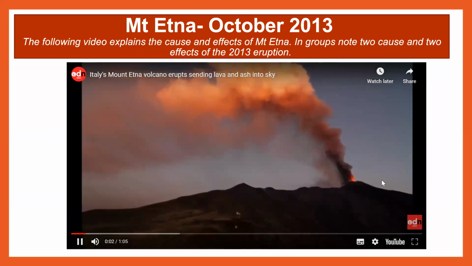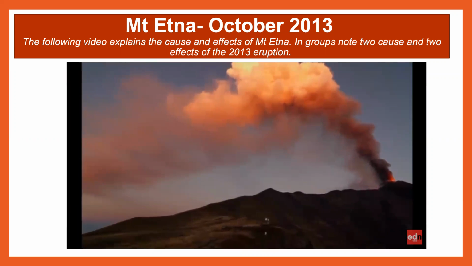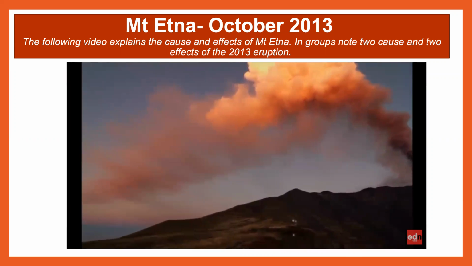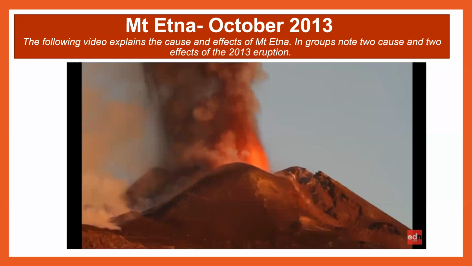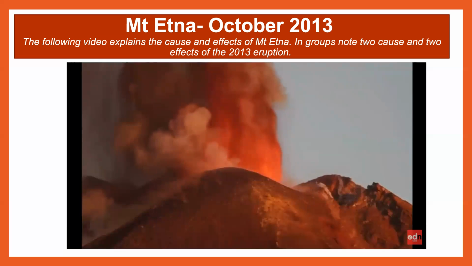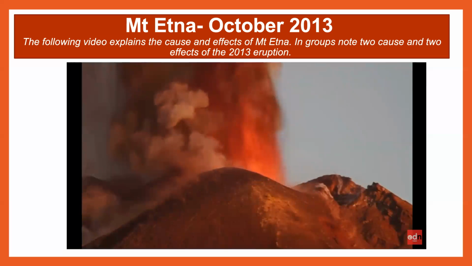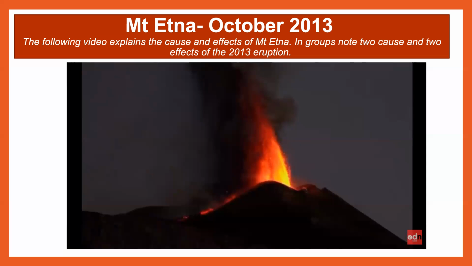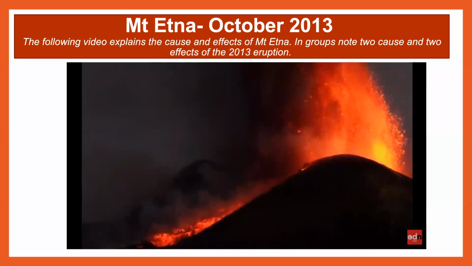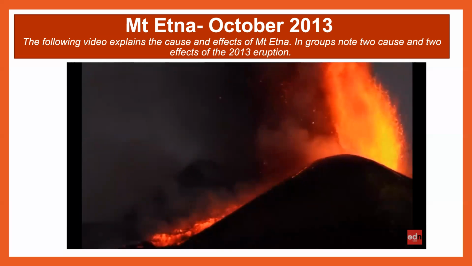Europe's tallest and most active volcano, Mount Etna, has erupted, sending a vast plume of smoke and lava into the sky. The eruption did not cause significant disruption, although airspace over the southern Italian island of Sicily was briefly closed. Seismologists say the eruption was preceded by 15 small earthquakes since Friday.